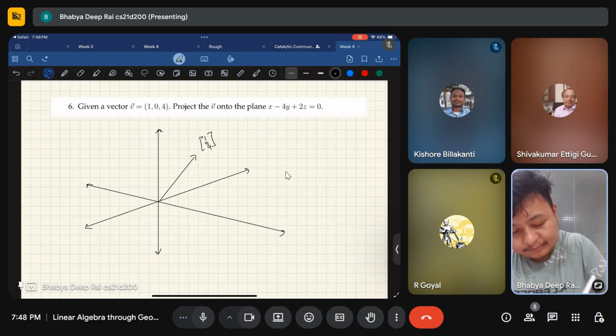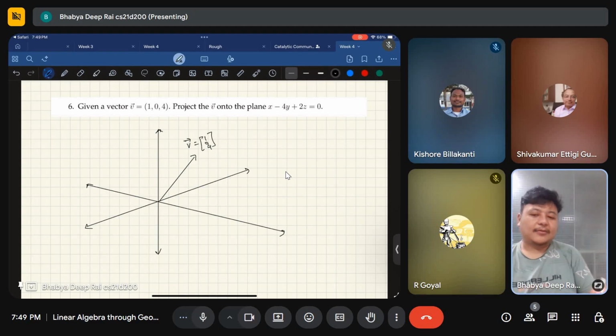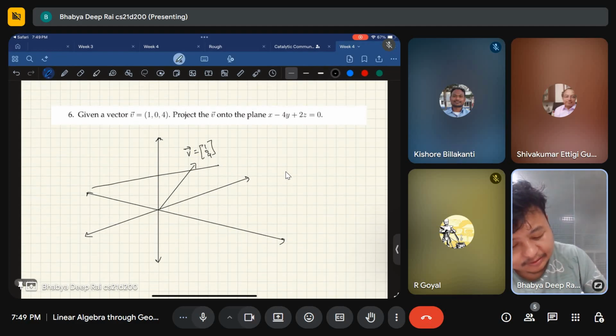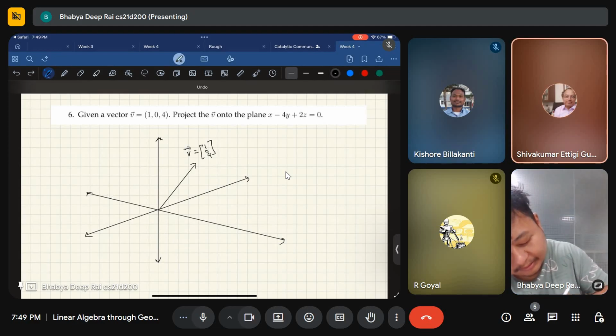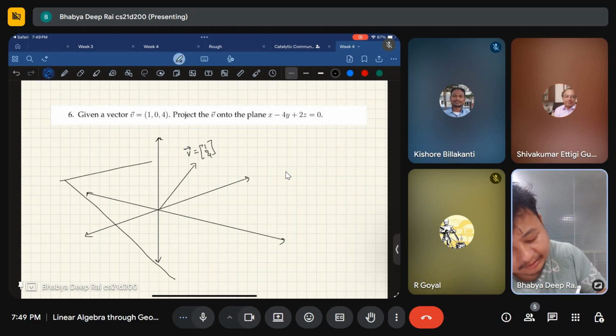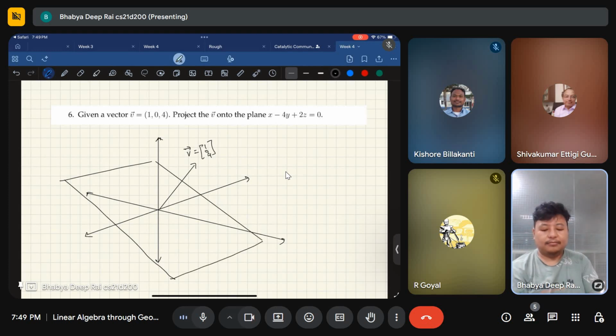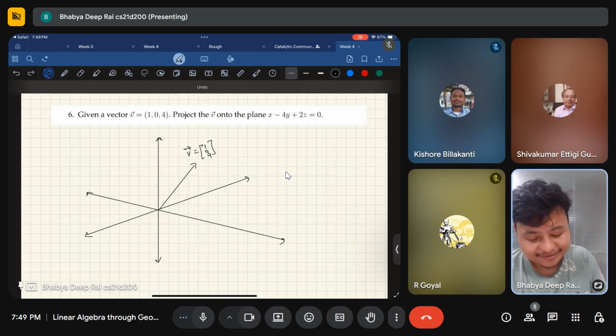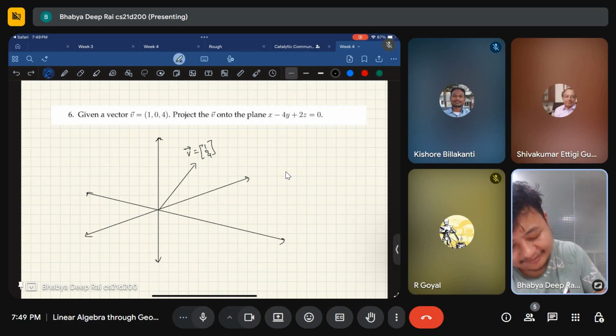Now there is a plane, which looks like this. So this is a plane.